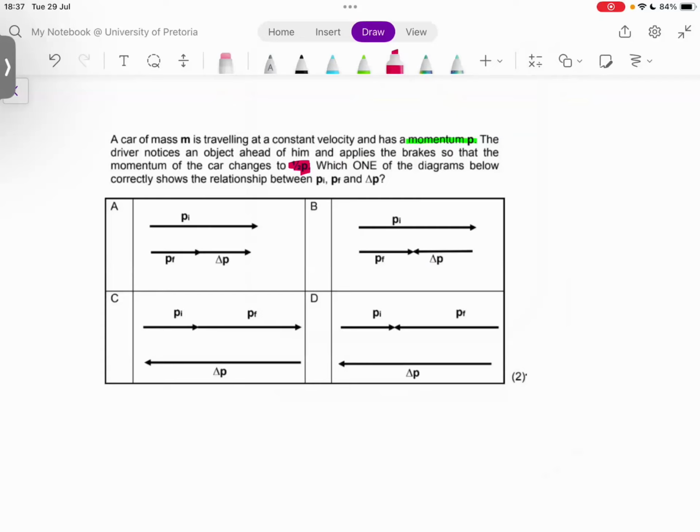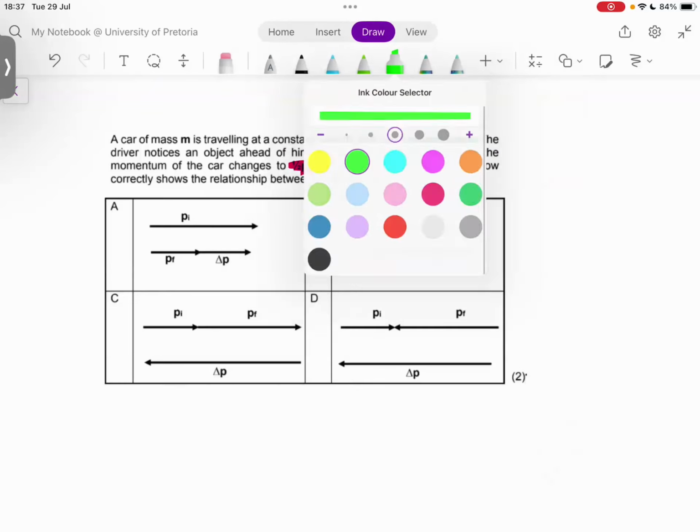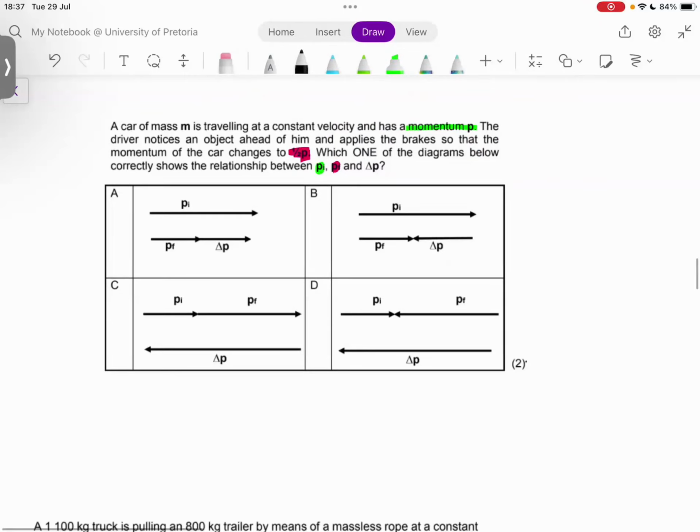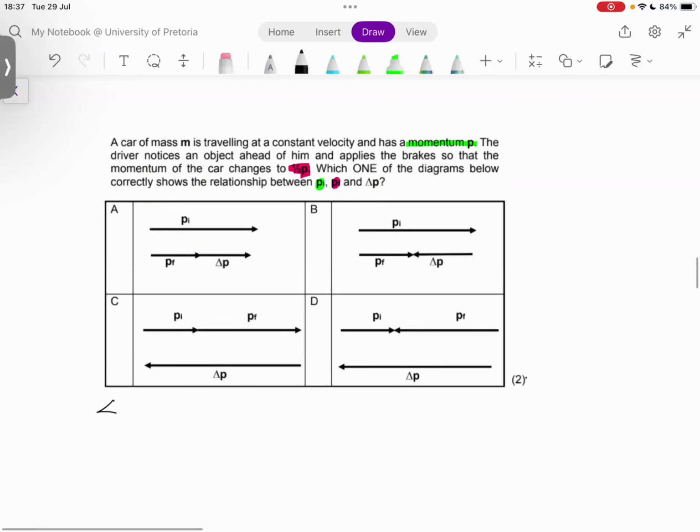Which one of the diagrams below correctly shows the relationship between the initial momentum, the final momentum, and the change in momentum? Let me just highlight the corresponding things. The final momentum is half of p. The initial momentum is just p. Cool. We want to find what the change in momentum is.